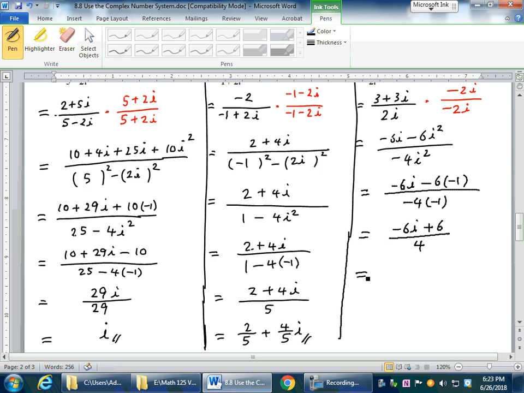Now we write it into standard form, which is 6 over 4 minus 6 over 4i. You split the fractions and then rearranged it. So the final answer will become 3 over 2 minus 3 over 2i. That's my final answer.